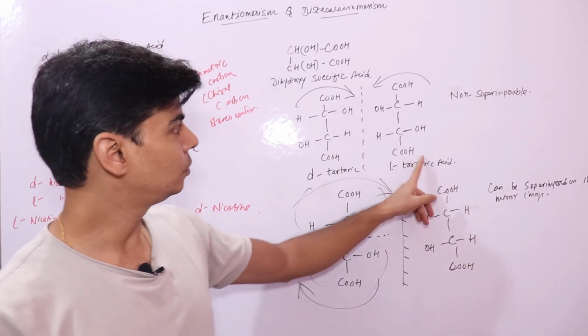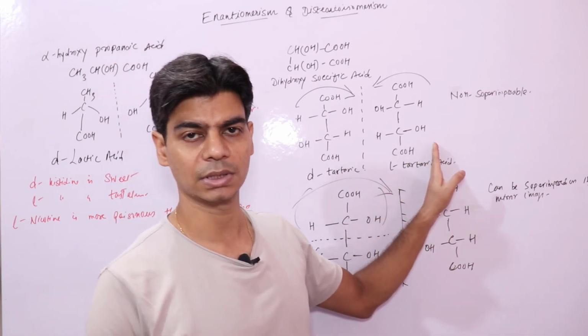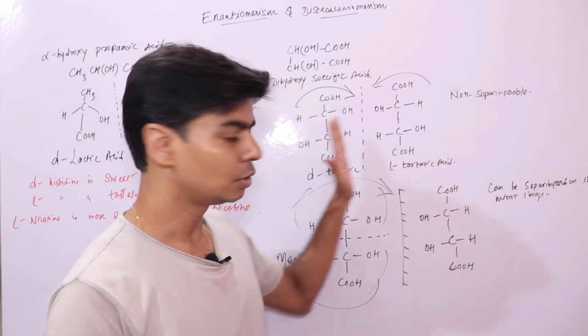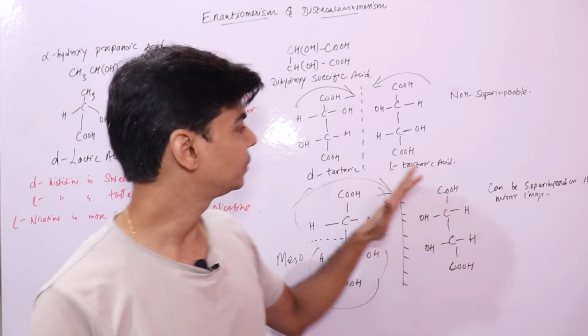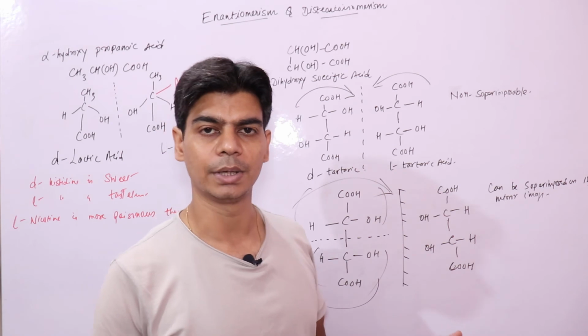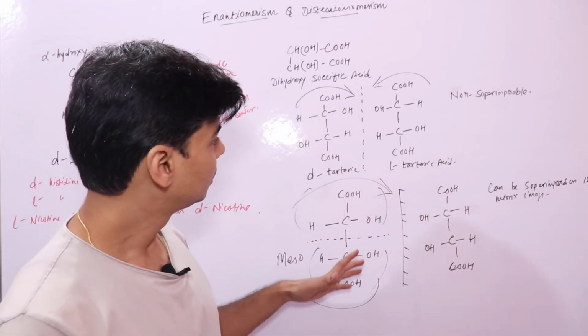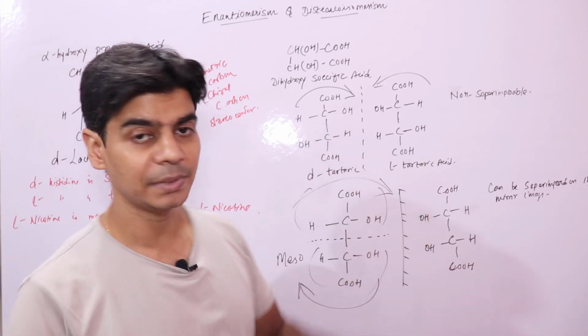We discussed in the previous lecture that the D and L forms are non-superimposable mirror images of each other. Here the molecule contains two chiral or asymmetric carbon atoms, and it is a dissymmetric molecule.